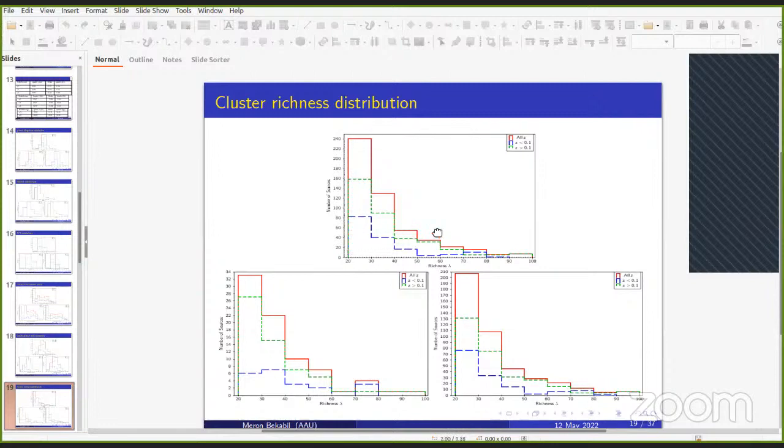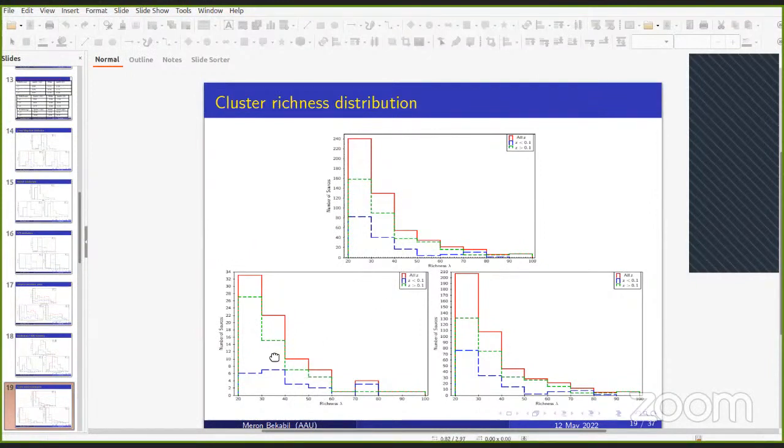This is the whole sample that we have, and at low redshift and at high redshift, again, most of them are galaxies found around here. So basically, we are working with galaxy groups, not galaxy clusters, because most of them are located around here. The statistics show that most of them are in galaxy groups.